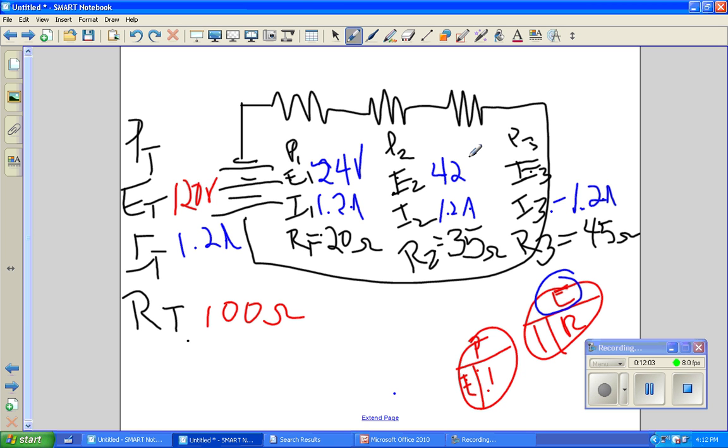I just put in 1.2 times 35. I'm going to arrow back over the 3 of the 35, and I'm going to put in 45. And then I'm just going to hit enter. Instead of re-entering the whole problem, that just saved me some time, didn't it? So now I know that that's 54 volts.